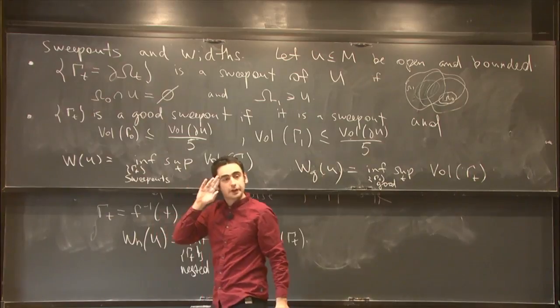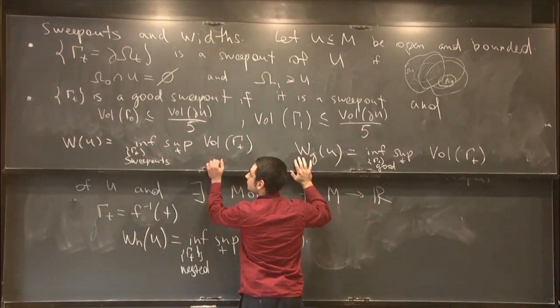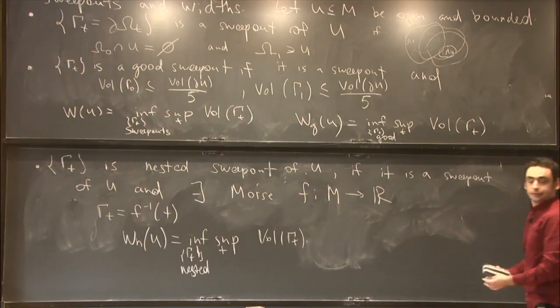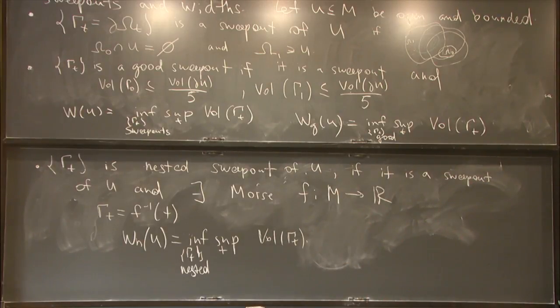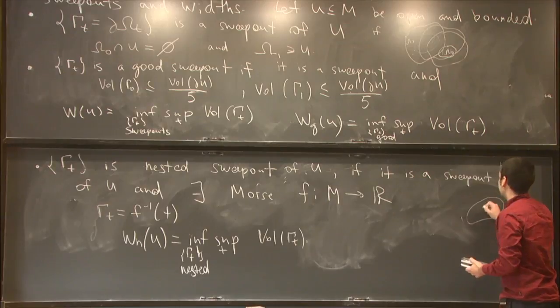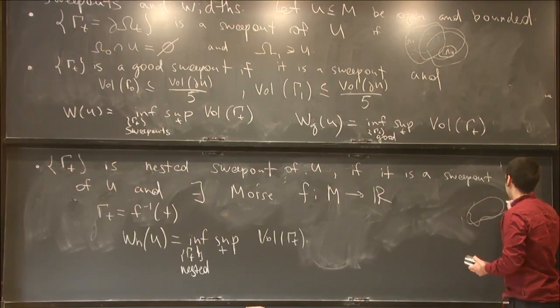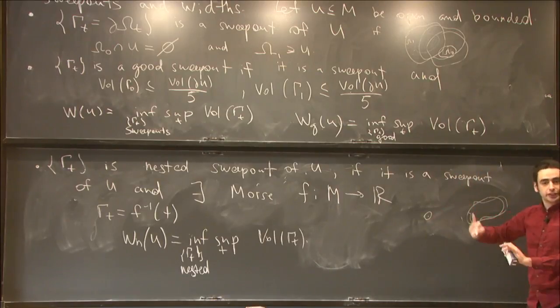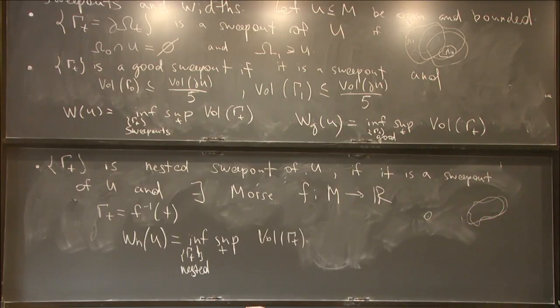So they do look like what you intuitively feel they should look like, and then some component can disappear to a point. That's what can happen.